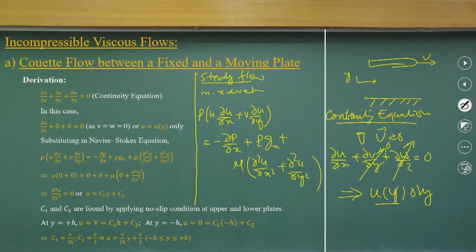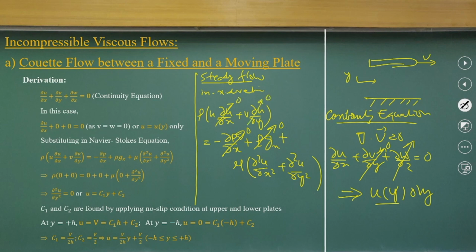Always keep in mind which components we should make 0. That is the idea behind this strategy for the Navier-Stokes equations. When you try to get analytical solutions, your strategy is to identify which components are 0. No doubt this is already 0, gravity does not matter, the pressure gradient is 0, these terms are 0.